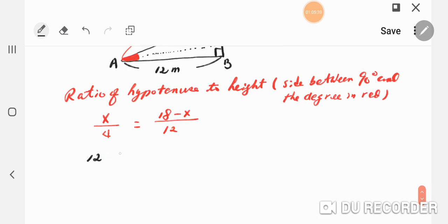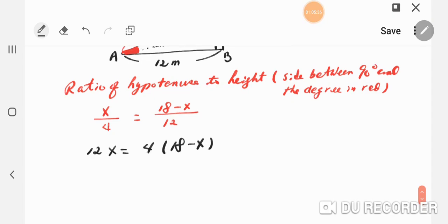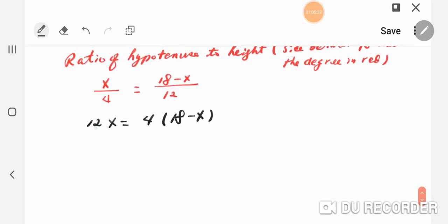So 12 times x is equal to 4 times 18 minus x. As you can see, 12 and 4 you can reduce by 4, then it's much easier, isn't it?